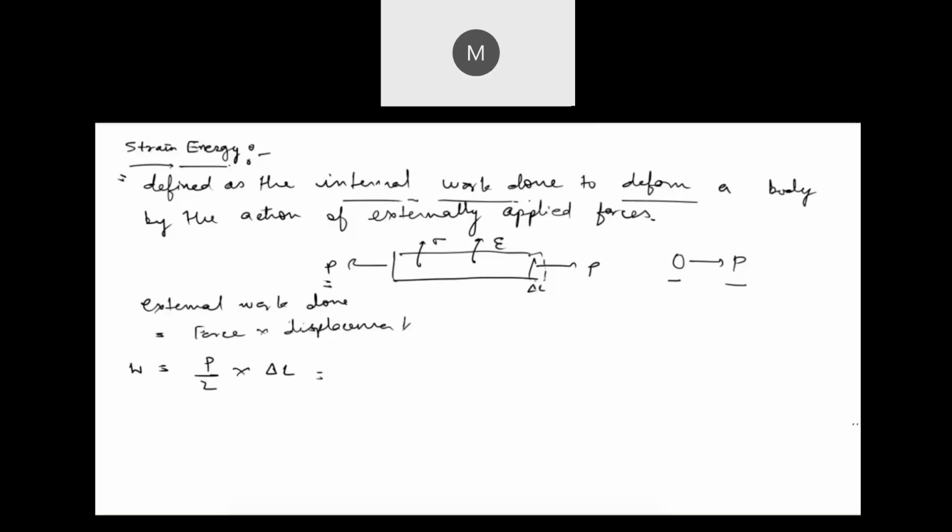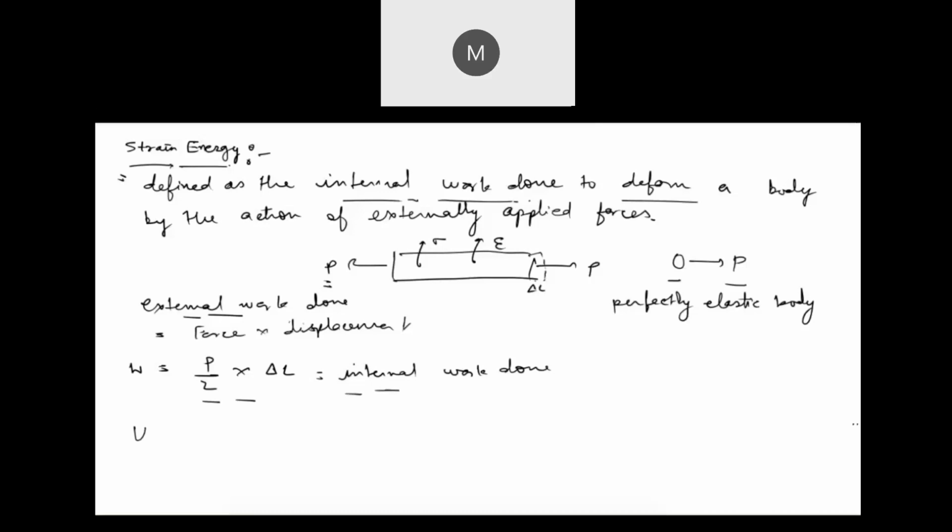Now if we assume that there is no energy loss, or in other words, if this is a perfectly elastic body, then we can say this external work done is equal to internal work done. As per this definition, internal work done is nothing but the strain energy. So this becomes the strain energy as well.